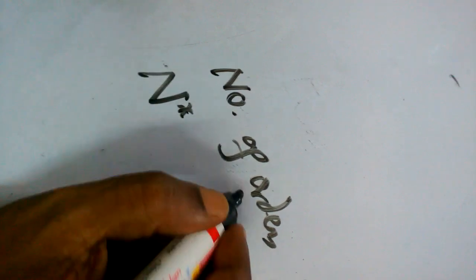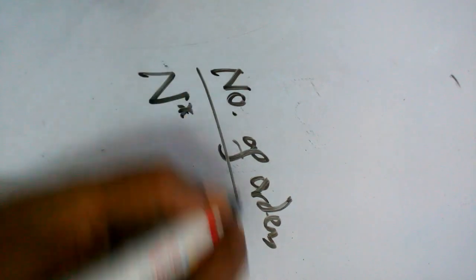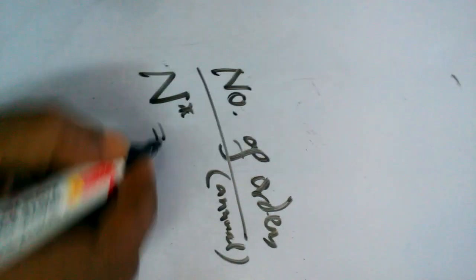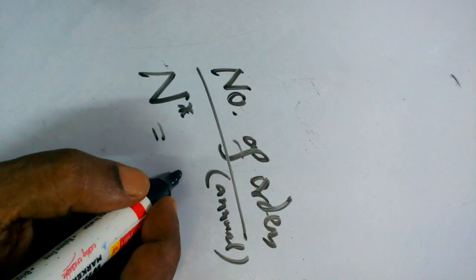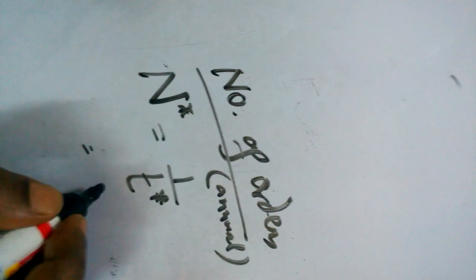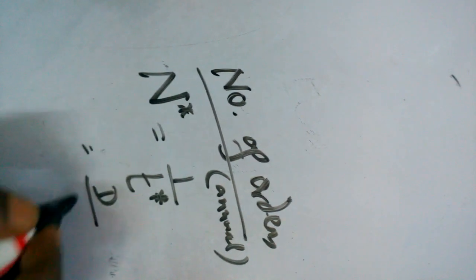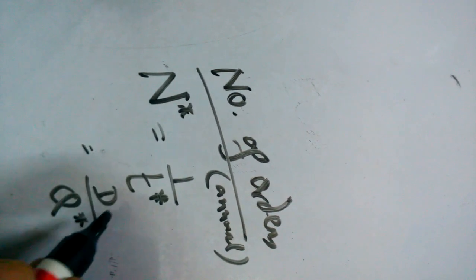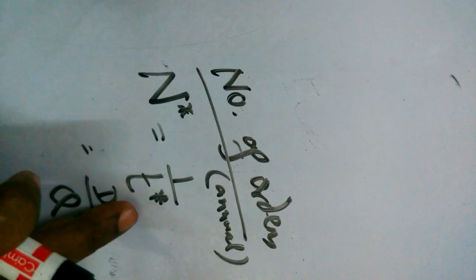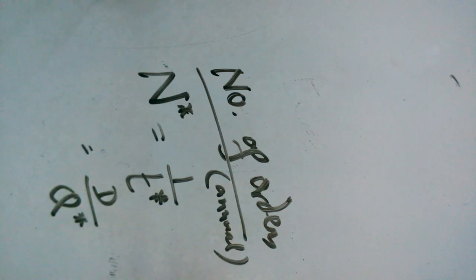Remember, this is number of orders per year, annual. How many orders are placed per year? That is N star, which is 1 by T star, or D by Q star. Obviously D is total demand and Q is per order size. So how many orders will be placed? Demand by the quantity per order.